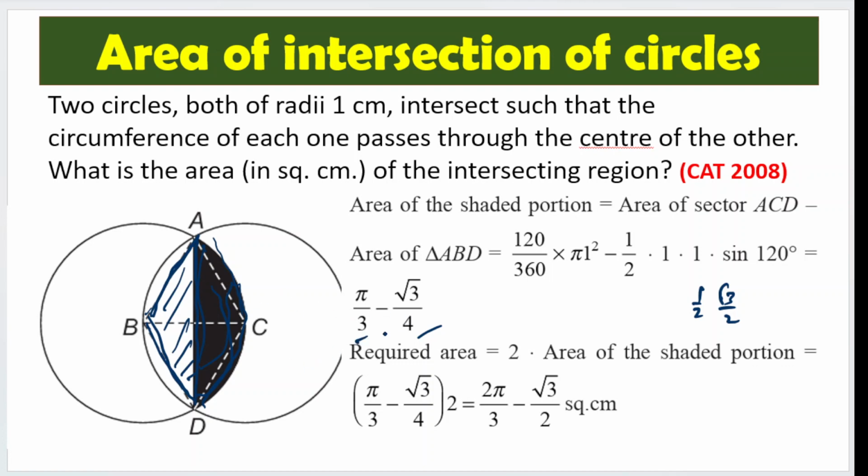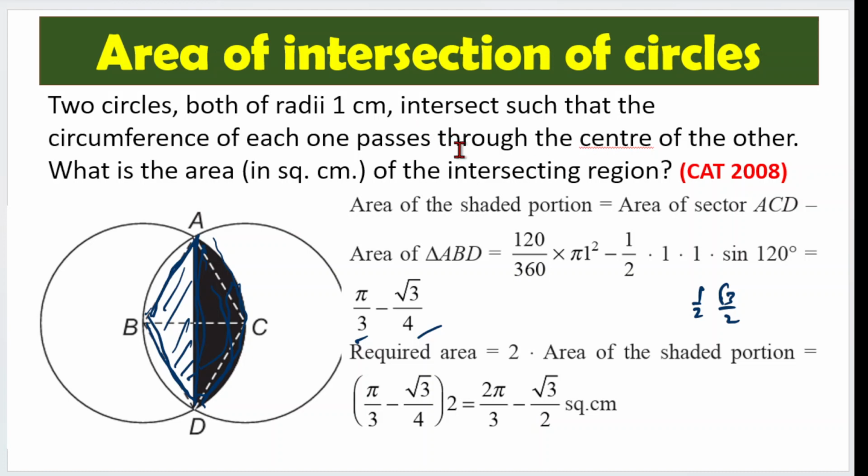So what is the area that we want? Pi by 3 minus root 3 by 4. That gives us one part of the entire black region. We want two parts of this black region, so 2 into pi by 3 minus root 3 by 4. That is our overall area, which is equal to 2 pi by 3 minus root 3 by 2.